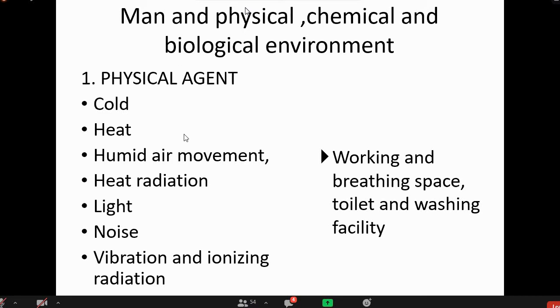So it is important that the temperatures are maintained in the environment, wherever you're working, right?